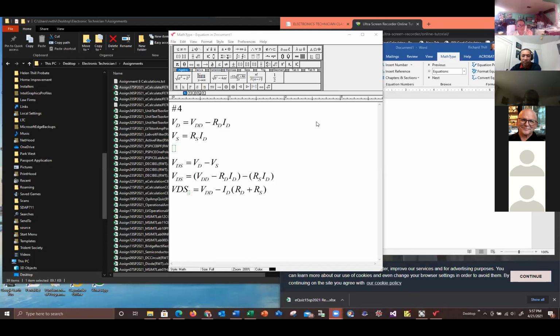Okay, can you see this here in the mirror? Yes, I can see it. Okay, so here's the equation. The drain voltage is equal to VDD minus RD times ID. Source voltage is equal to RS times ID.